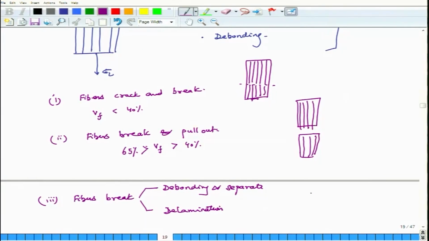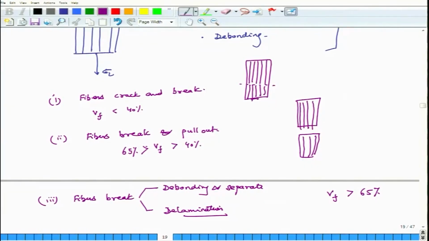So, this is the case when Vf is really high, more than 65%, then it is very likely that the wetting of the fiber may not be adequate when the thing is being cured. So, there may be a lot of dry patches where the bond between fiber and matrix is not that great, and once the fiber breaks, not only does it break, it also gets totally separated from the matrix material, or the entire layer gets separated from the matrix material. So, this is the three.